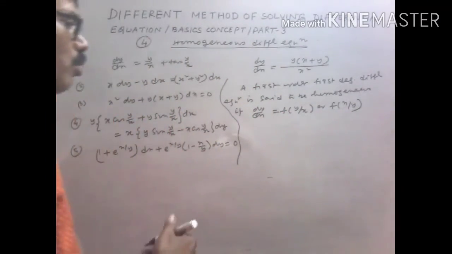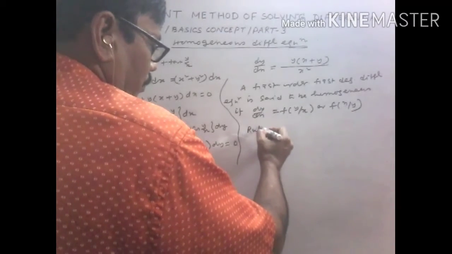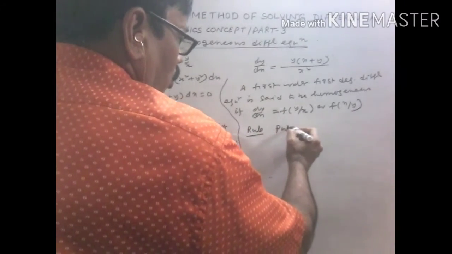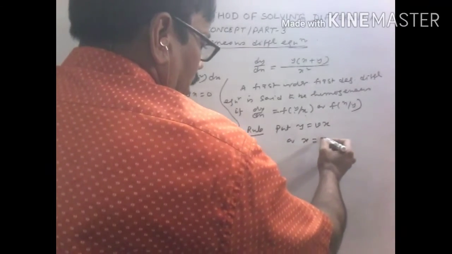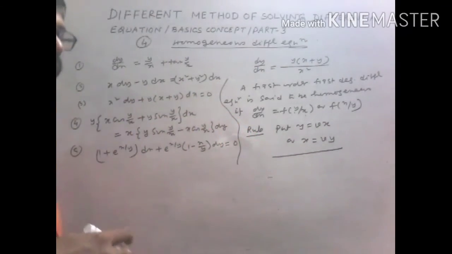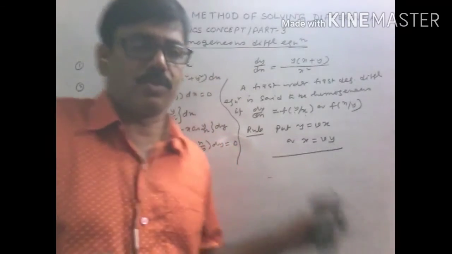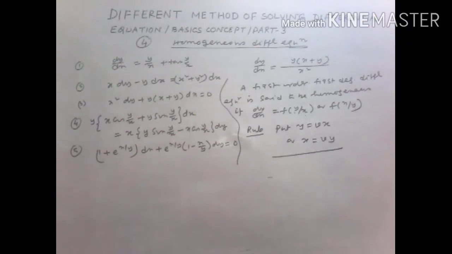This is the definition. So what is the rule of solving? Rule: put y/x equals v. So y equals vx or x equals vy. So this is the rule of solving.